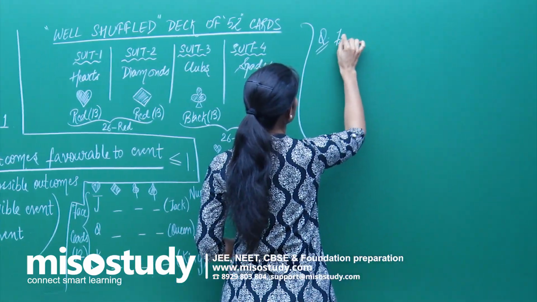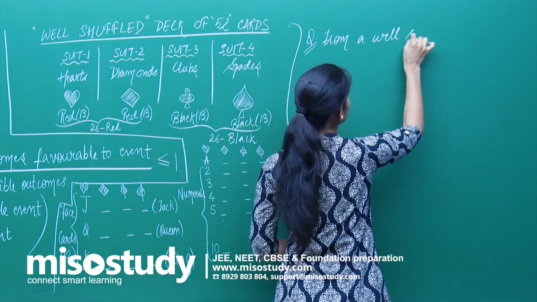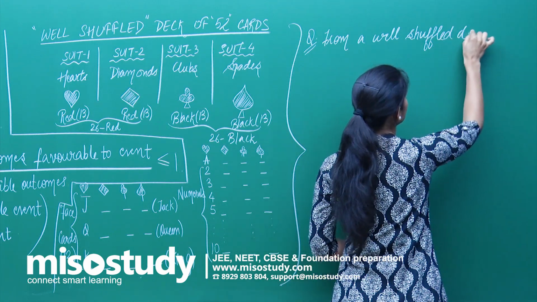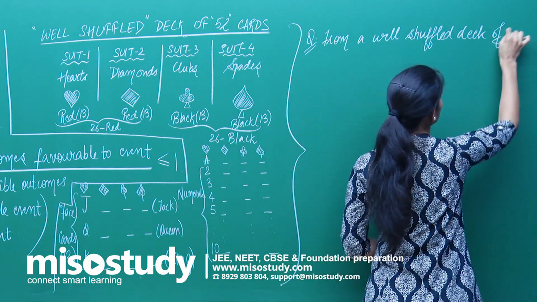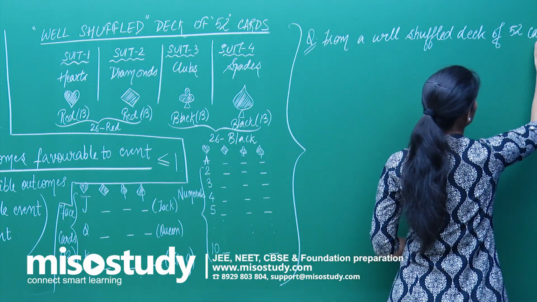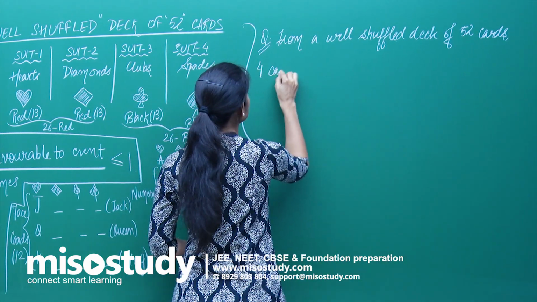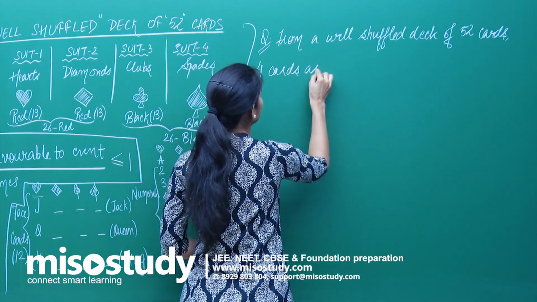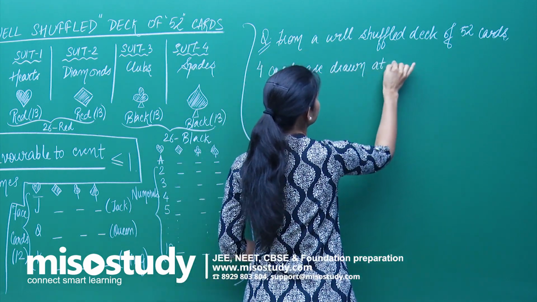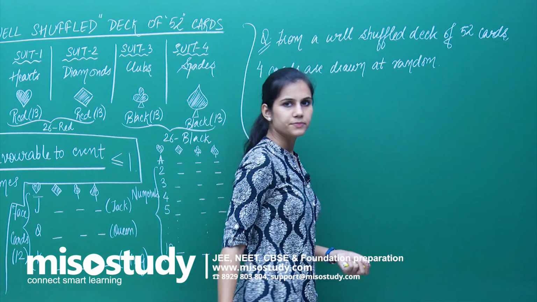The question says, from a well shuffled deck of 52 playing cards, 4 cards are drawn at random.